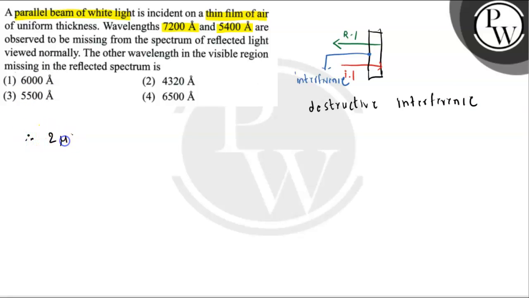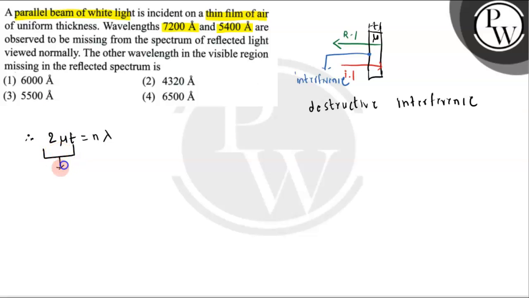Now, therefore, can we say that 2 mu t, here let's say this is mu and thickness is given to us as t, okay, for this. So can we say that 2 mu t equals n lambda, right? And what is this 2 mu t? This is the apparent distance traveled by the light in this medium, right?